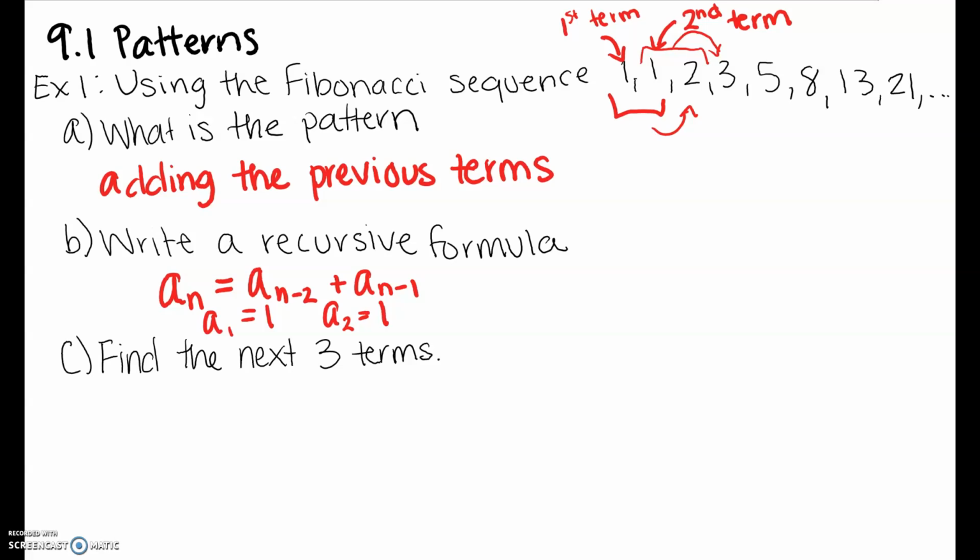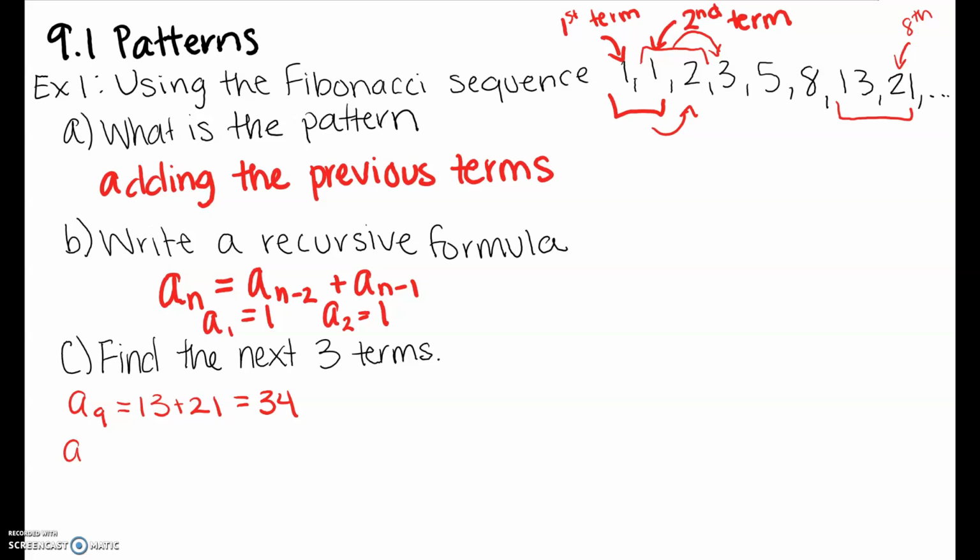So now we're going to look at it and we're going to find the next 3 terms. So to find the next term after this, we're going to go ahead and add 13 and 21. So we have 1, 2, 3, 4, 5, 6, 7, 8. This is the 8th term. So the next term we're looking for is the 9th term. So a of 9. And we do 13 plus 21. And that's going to give us 34.